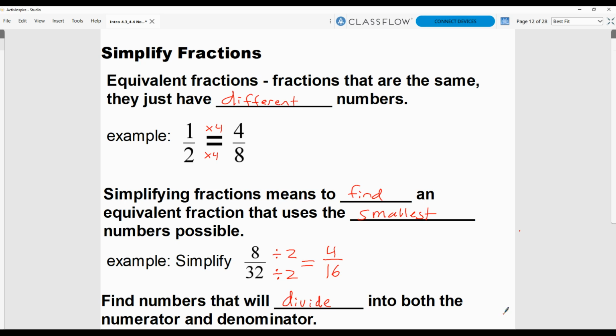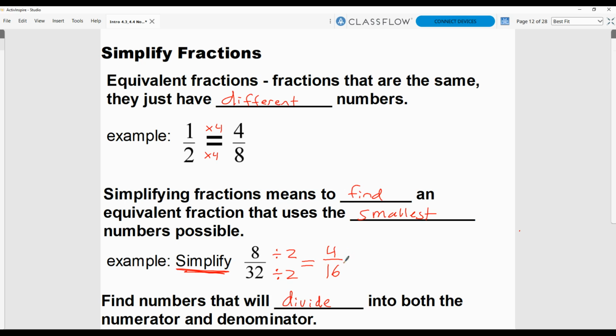Okay, but I might not be quite done yet, because I want to simplify. Okay, meaning I want to find the smallest numbers I could use that would still be a fraction equal to 8/32. Okay, so 4/16, these are smaller numbers than 8/32, but there are actually smaller numbers that we could use to show this same fraction that would be equivalent.